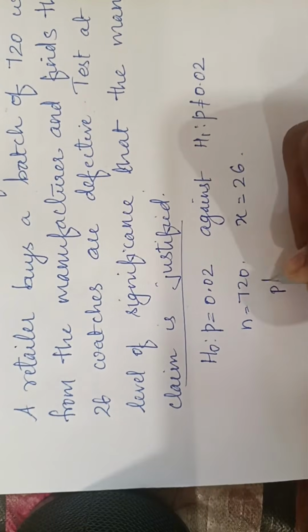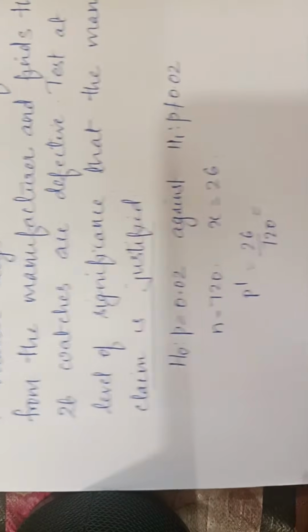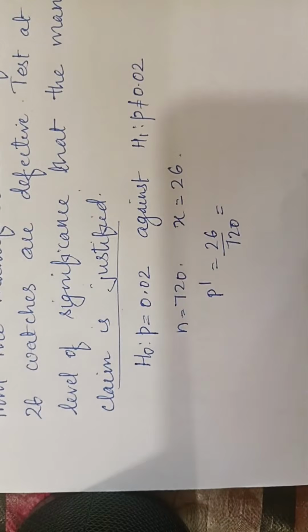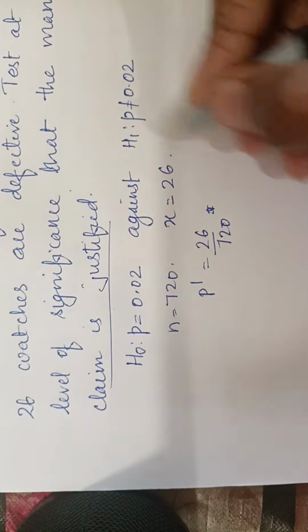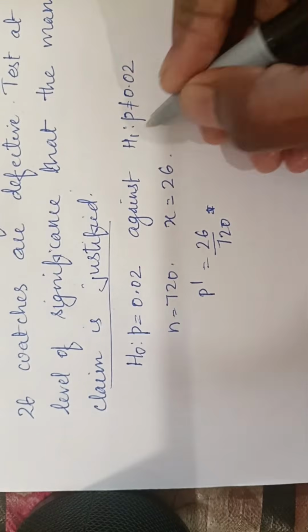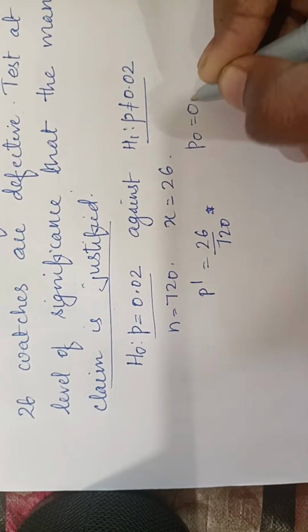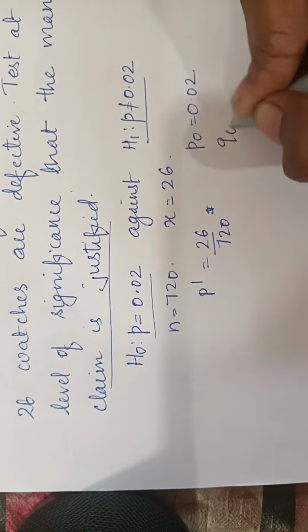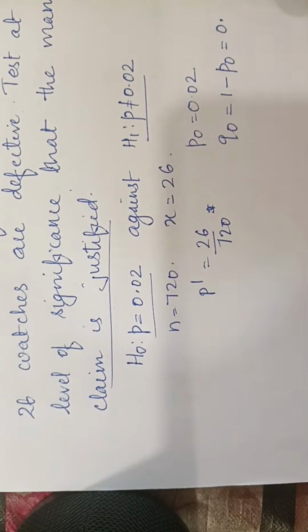So what will be our p dash? 26 by 720, that is our p dash. Since P equal to 0.02 in the null and alternative hypothesis, p naught is 0.02. So what will be q naught? Which will be 1 minus p naught, that is 0.98.